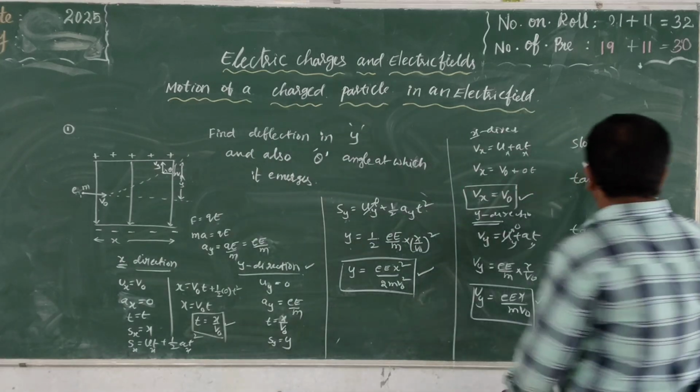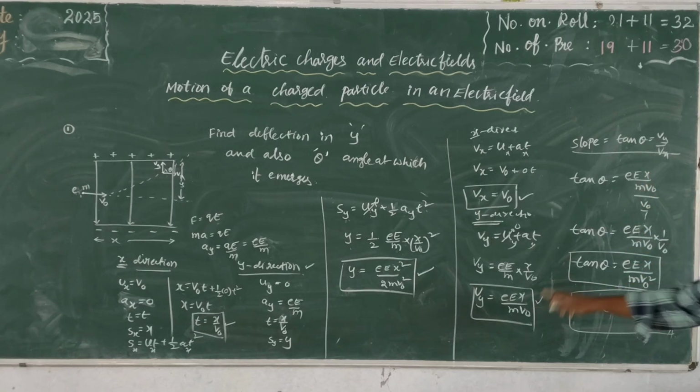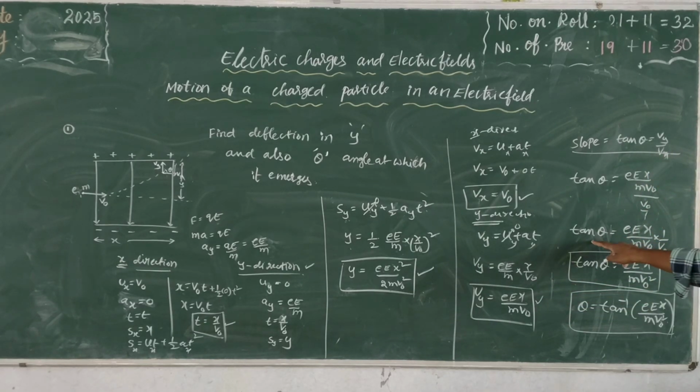Now the slope means tan theta equals Vy by Vx. Tan theta equals eE x by m v naught, and Vx is v naught, so tan theta equals eE x by m v naught into 1 by v naught. Because it goes to the denominator, we get 1 by v naught. So tan theta equals eE x by m v naught square.